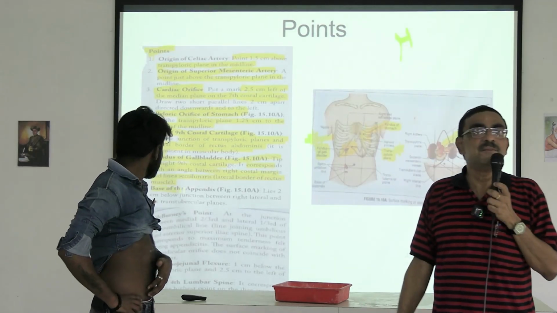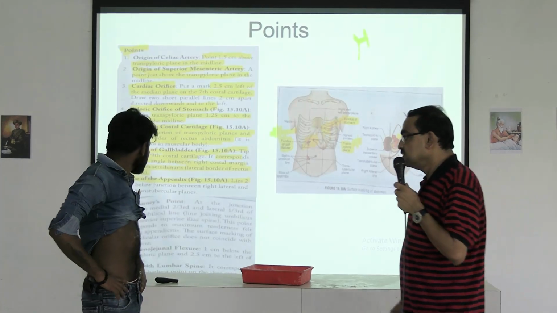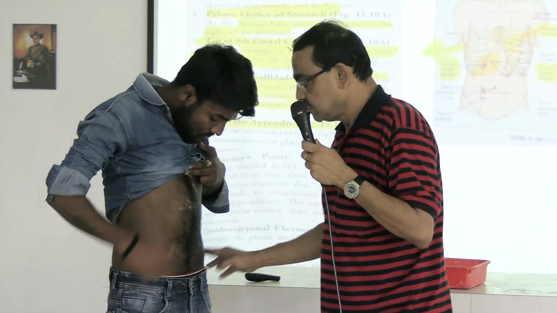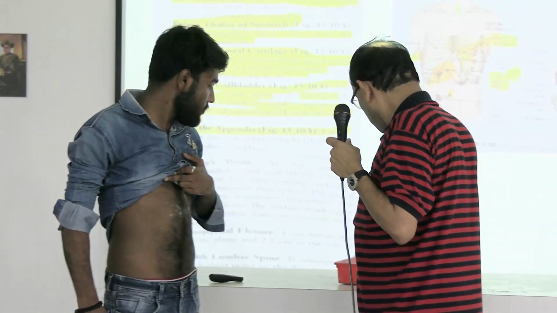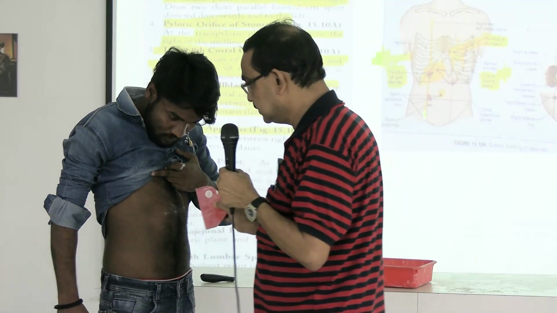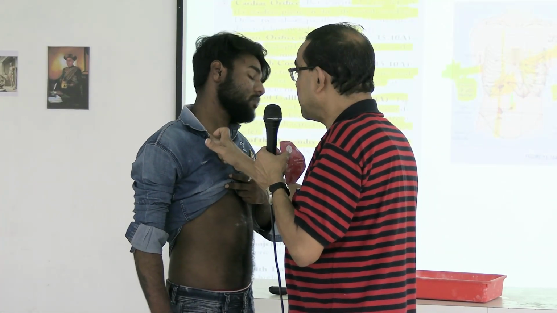The next is the base of the appendix. Before that, we have to draw the right mid-clavicular line. If I feel this one, this is the clavicle, the midpoint is here.